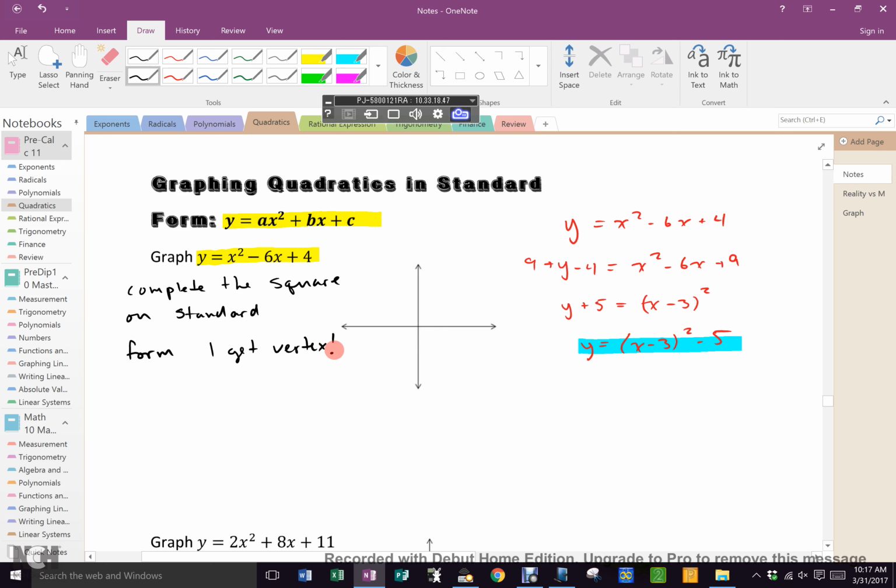Is everybody okay with that? Does everyone see it? Is there anybody that is confused right now? Everybody's good? Okay, now I'm going to ask again, why was this such an easy complete the square?